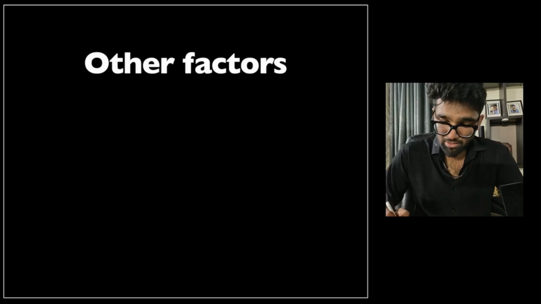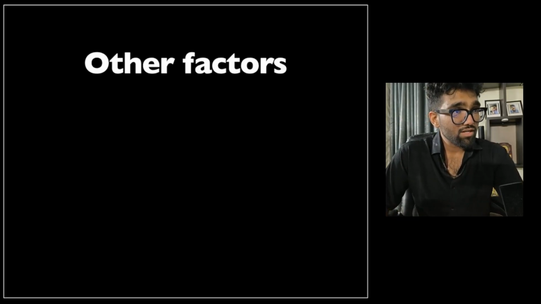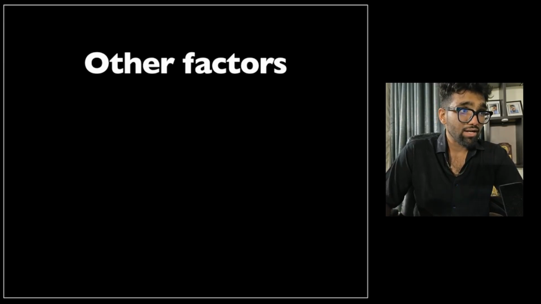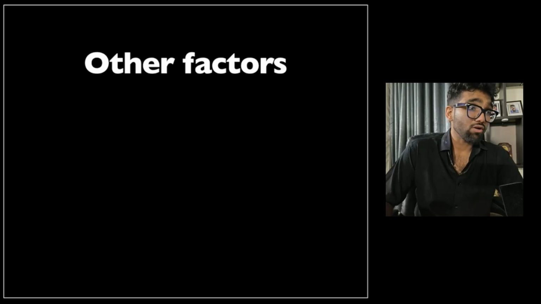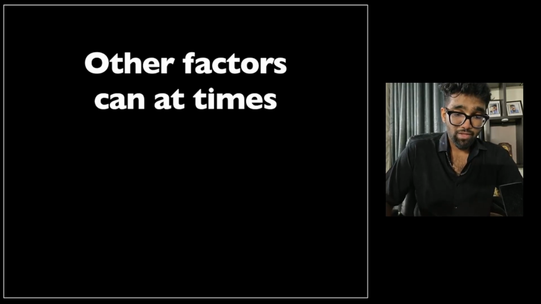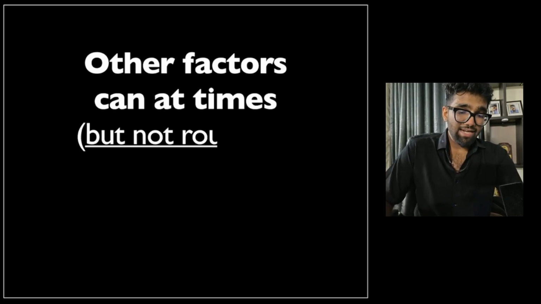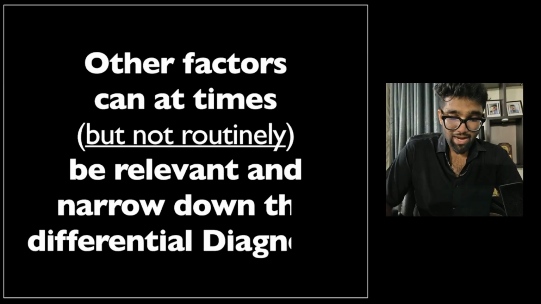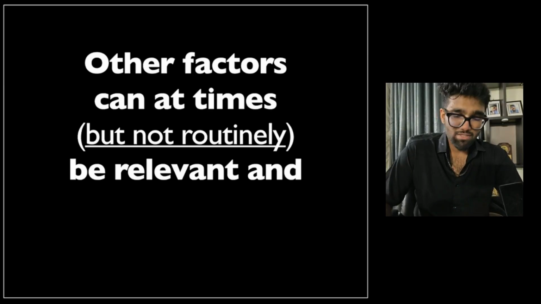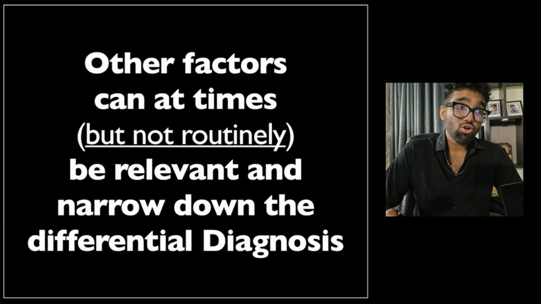Now, there are some other factors that a lot is talked about, especially when internal medicine rounds are done, and we talk about imaging findings and suspect vasculitis or inflammatory disorders. These at times, but not routinely, can be relevant, and at times they help us narrow down the differential diagnosis, but this is not always the case.